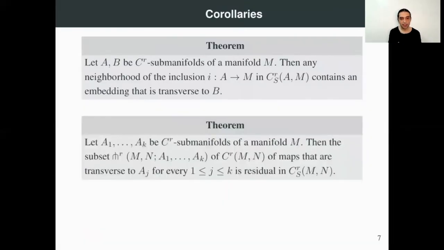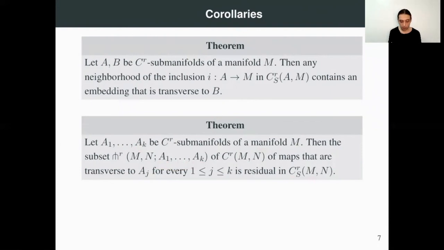We also have the following theorem, a slight generalization of a result that we already saw. If we have K CR submanifolds of a manifold M, the subset of CR maps that are transverse to all these submanifolds is residual in the space of CR maps with the strong topology.